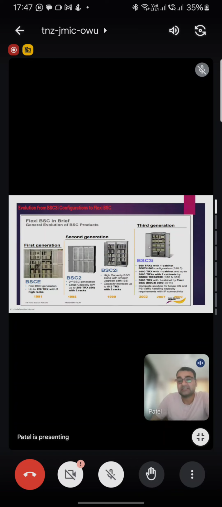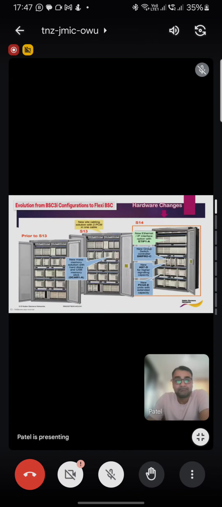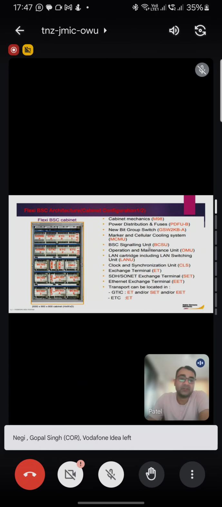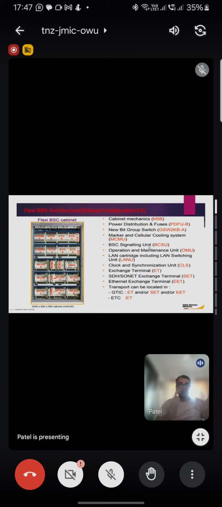So if you see here, 660 TRX in one cabinet and 2000 capacity in the second cabinet, 1200 to 2000 capacity with two cabinets for the high cap BSC, and 3000 TRX with the flexi BSCs. Okay, so this is the block diagram. We will see further how our BSCs look.